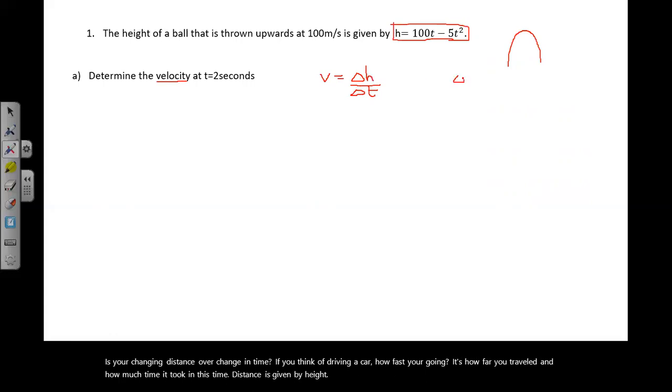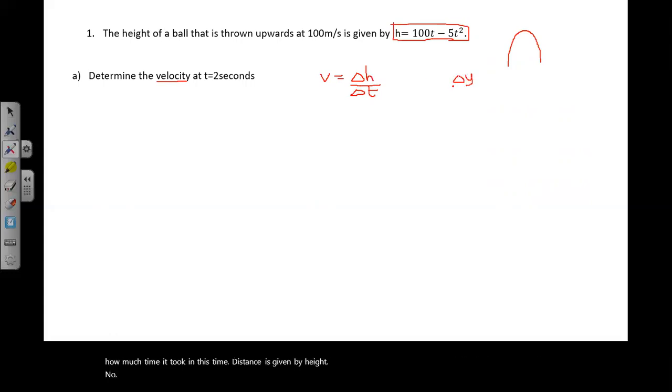Now, if I write change in y over change in x, you would say, oh, you're just finding the slope. So change in y over change in x, or slope, is the same as y prime. So change in h over change in t is just h prime.